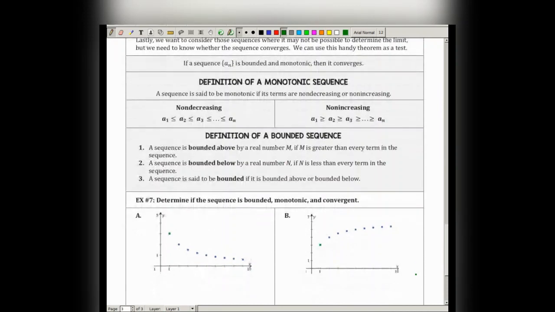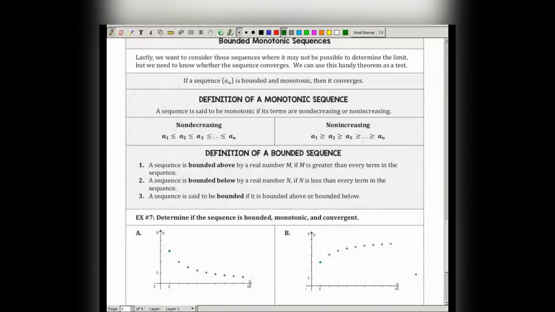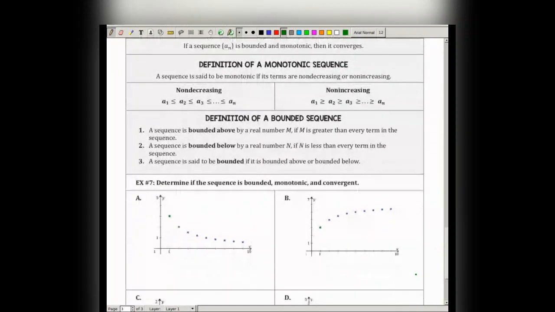So for example, we have a sequence here in A. It's a decreasing sequence, and you can see that it's getting closer and closer to 0, so this converges to 0. And in B, you'll see that it keeps going, and it's also converging to a certain number.